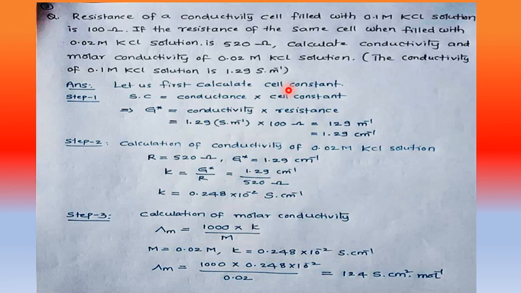Already we saw in the case of rate constant: whatever the percentage changes, the rate constant is a constant for a first order reaction. Same with cell constant.